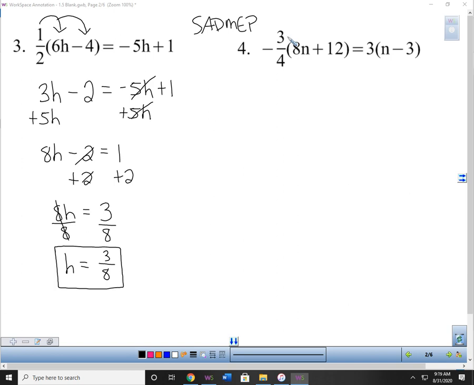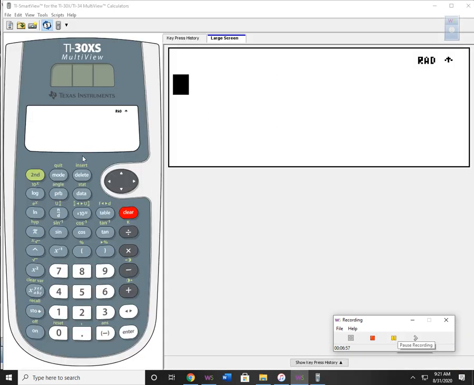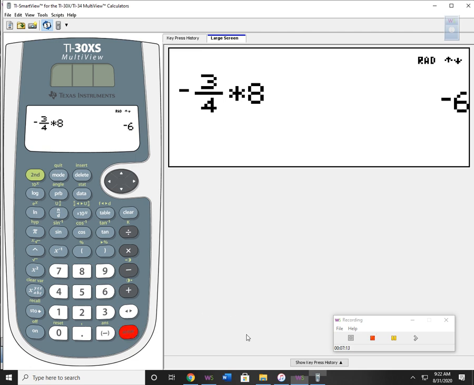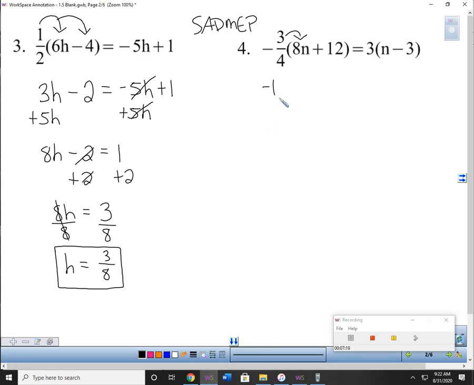So if I take negative 3/4 times 8n, you can grab your calculator and say negative, and then get your little fraction button, 3 over 4, arrow over to get off your fraction, times 8, and that gives you negative 6. So I get negative 6n.